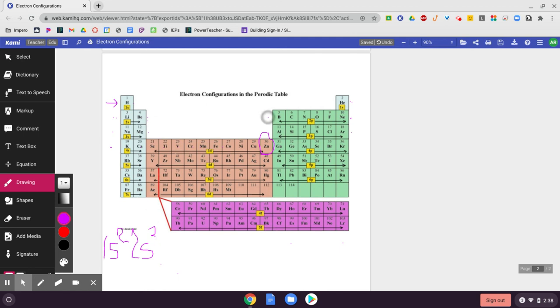Coming across to 2p, 1, 2, 3, 4, 5, 6. Now we're in 3s, 1, 2. Straight across to 3p, all the way to the end is 3p6.